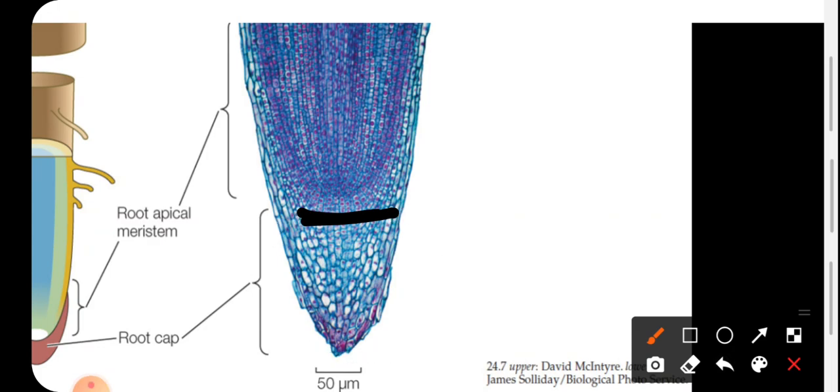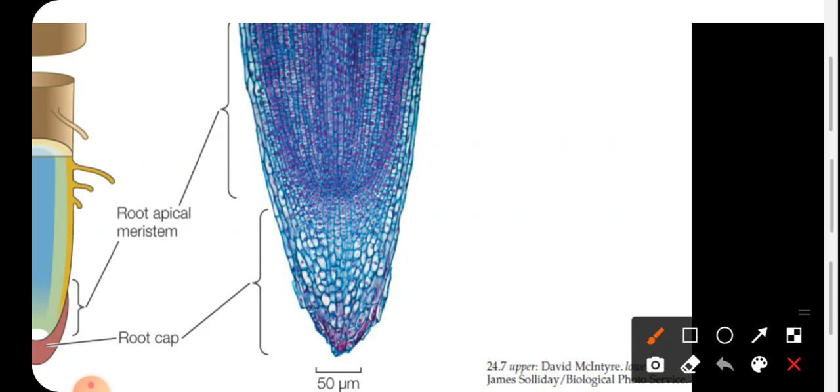The root cap protects the root apical meristem as the root grows through hard soil particles. In addition to protection, the root cap secretes a mucilaginous substance. This is called mucilage.